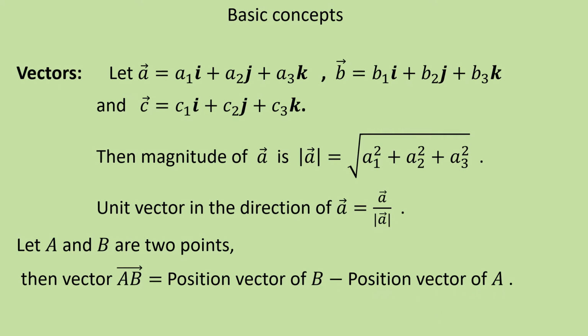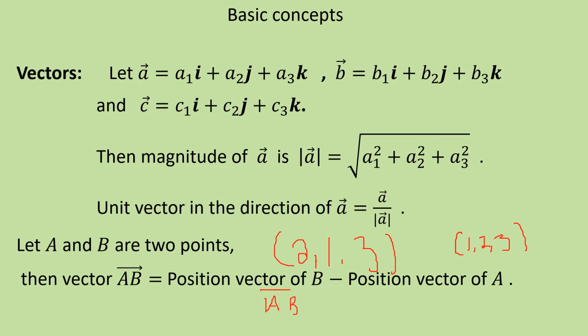So suppose we have point A as (2, 1, 3) and point B as (1, 2, 3). How do we write vector AB now?